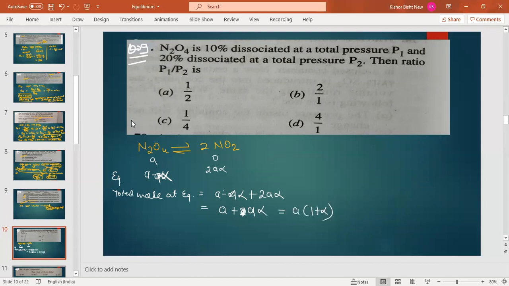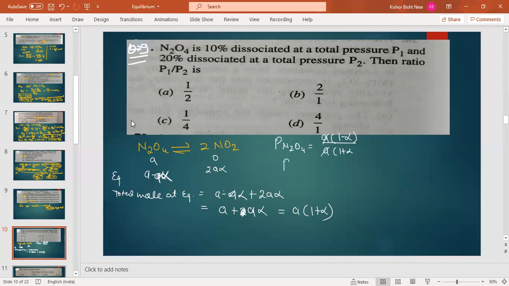Now here, the partial pressure of N2O4 is equal to equilibrium moles upon total moles. A common, 1 minus alpha upon total moles, A into 1 plus alpha, A will cancel.